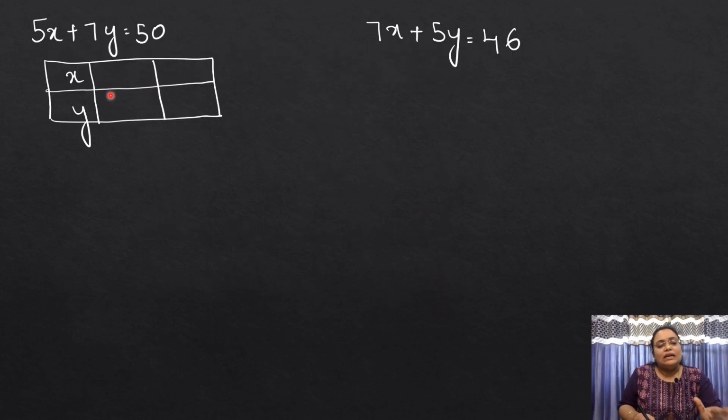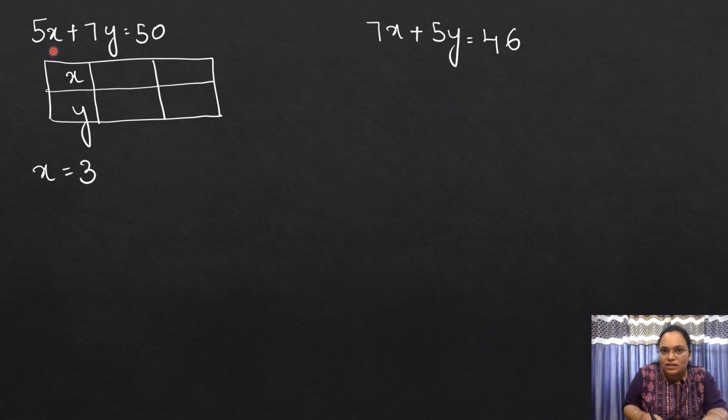We know that we need 2 points to plot a straight line. If you take x equal to 0 here, 5x will be 0, so you will get 7y equal to 50, y equal to 50 by 7. You will get a decimal, so we will try to avoid decimal points.